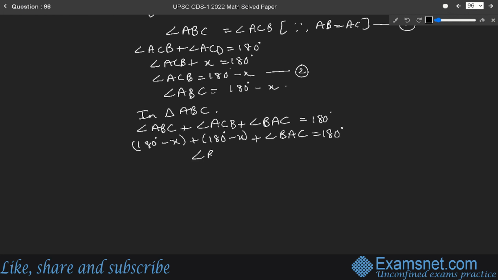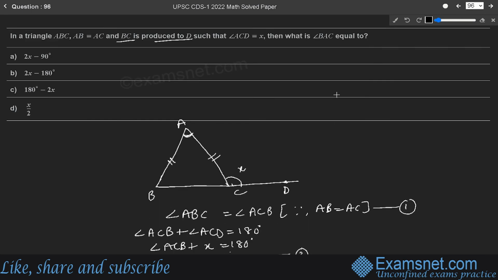It means that angle BAC will be equal to 180 degrees minus 360 degrees plus 2x, which gives angle BAC equal to 2x minus 180 degrees. So this is the required value for angle BAC. Therefore, the correct option for this question is option number B, which is 2x minus 180. I hope this question is clear to you.